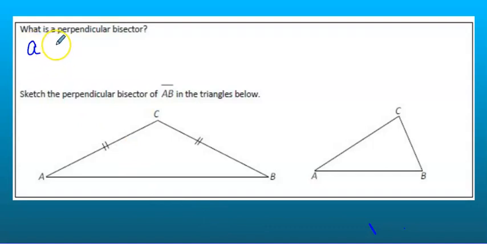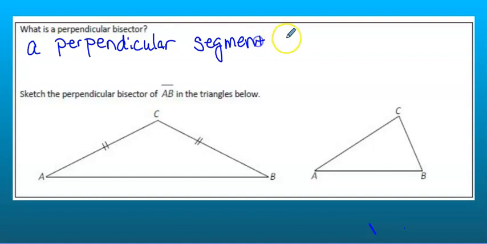A perpendicular, which we already talked about that. That means right angle. A perpendicular segment from the midpoint of a side.